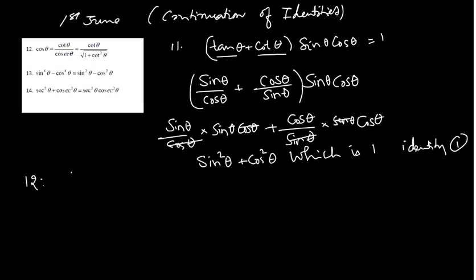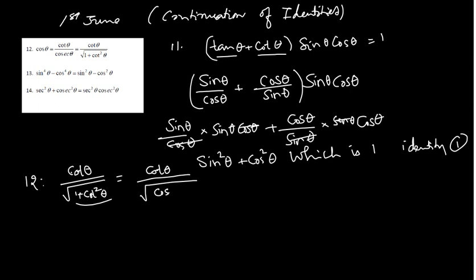Cot theta divided by square root of 1 plus cot square theta. I use the identity for 1 plus cot square theta, that's nothing but cosecant square theta, square root of cosecant square theta.